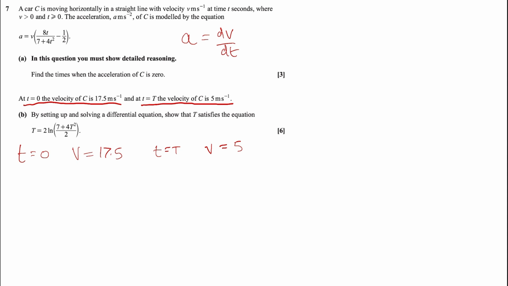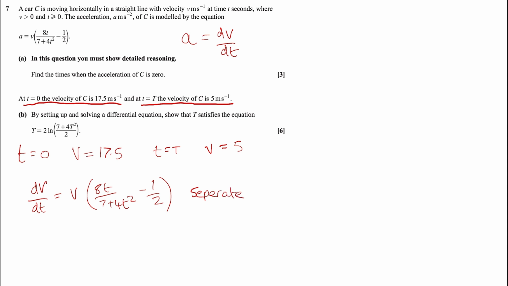I'm going to write dv by dt equals v lots of (8t over 7 plus 4t squared minus a half). You can see it's looking a little more like a traditional differential equation now. So now we're going to separate.